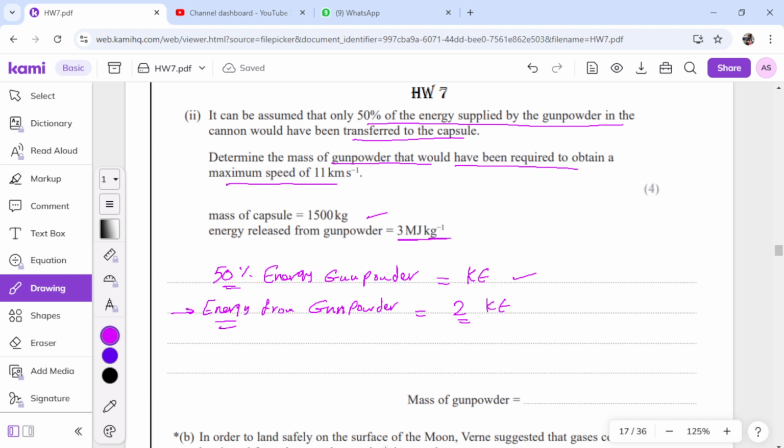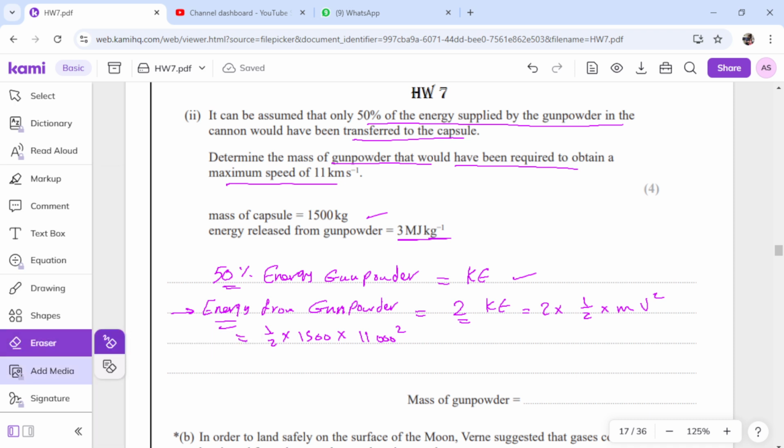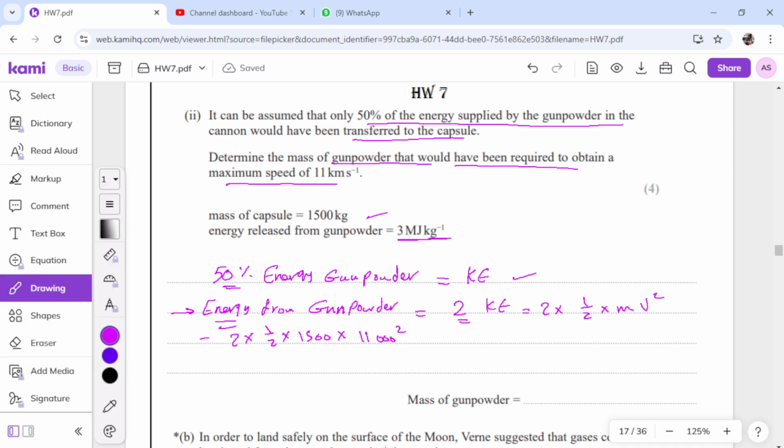Okay, so now let's find 2 multiply kinetic energy, half multiply mass multiply v squared. So it will be half multiply mass 1500 multiply v squared 11,000 squared, and don't forget to multiply by 2 because we said 2 kinetic energy.